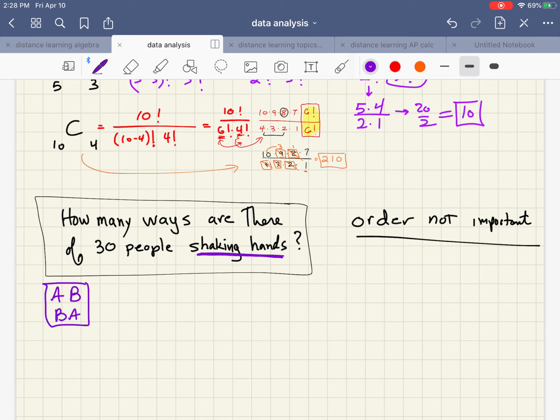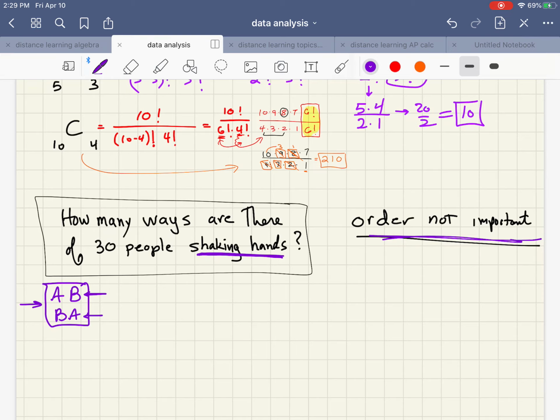The order of person A and person B shaking hands counts as one handshake, so it's basically a duplicate. It's like a 2-for-1. So the order is not important. These end up being the same result.